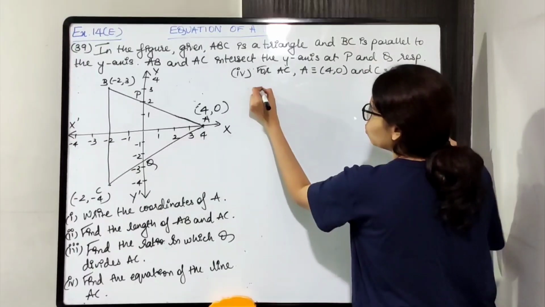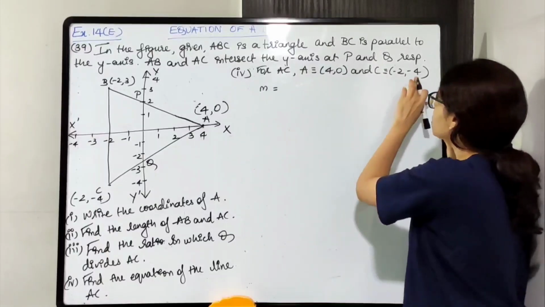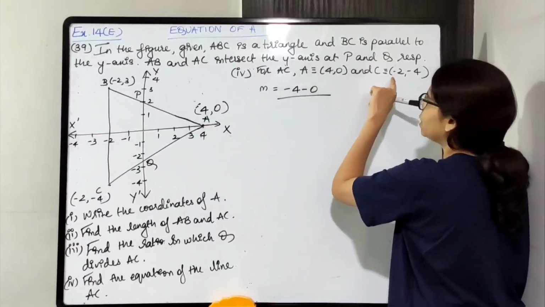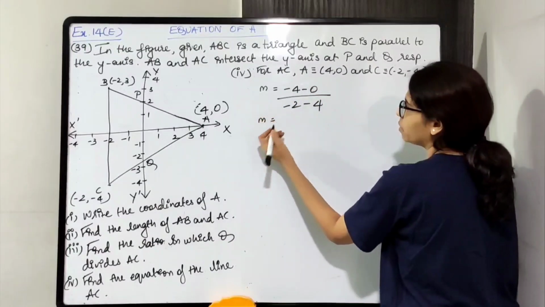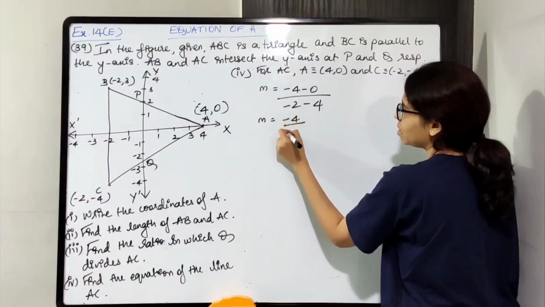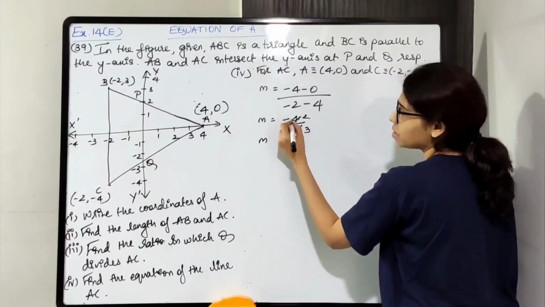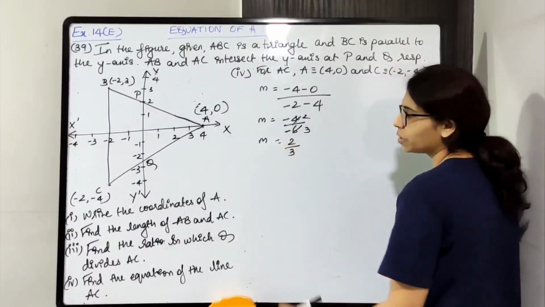Okay. So slope of AC. First we'll subtract y coordinates, -4 -0 upon -2 -4. So that will give -4 upon -6. So 2 2s are, 2 3s are, and minus minus becomes plus. So 2 upon 3.